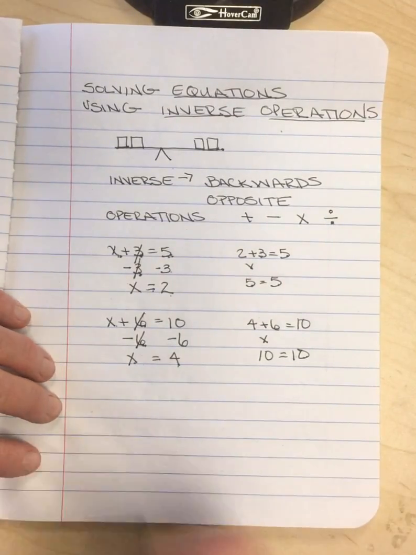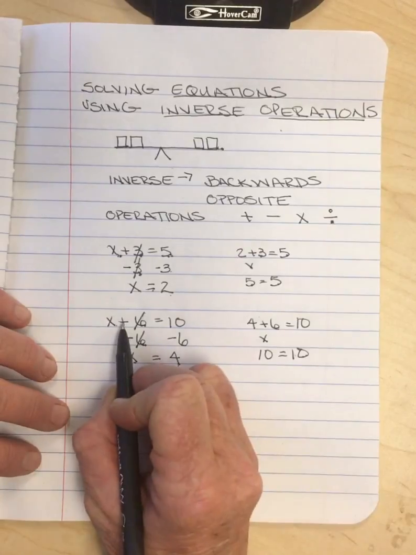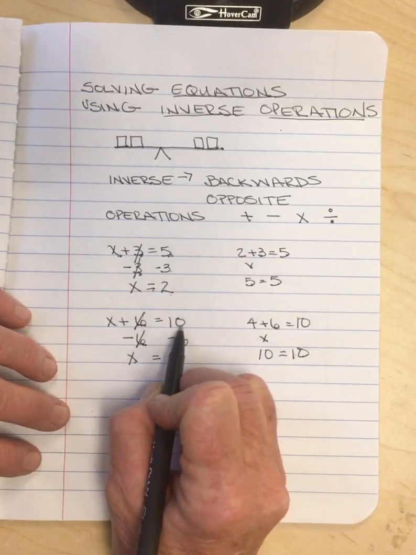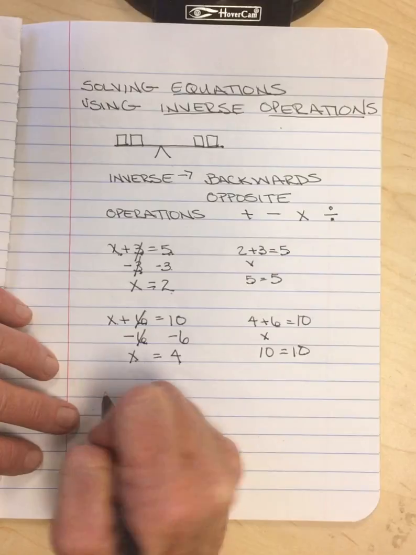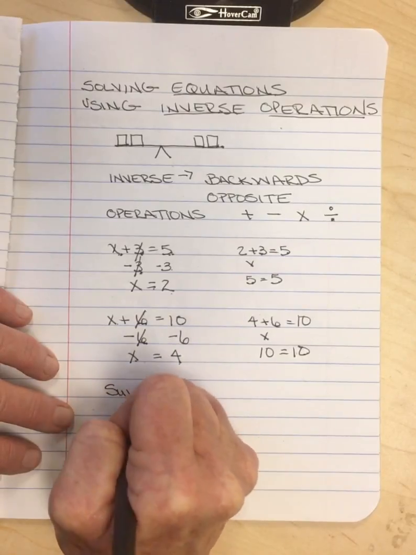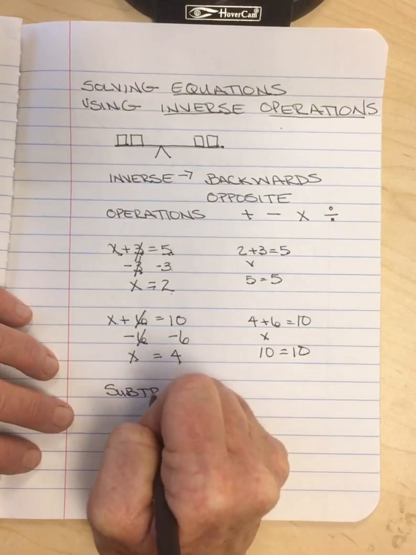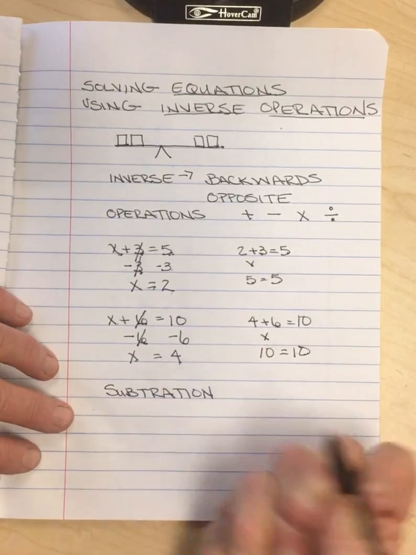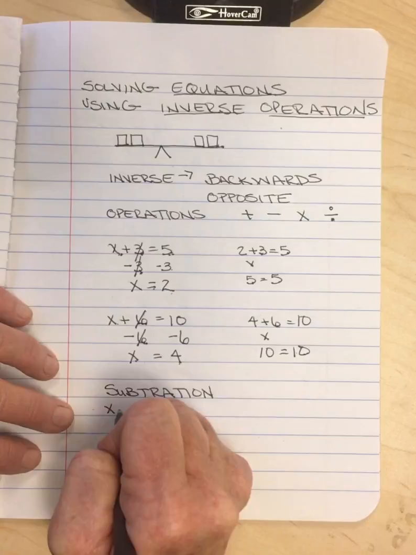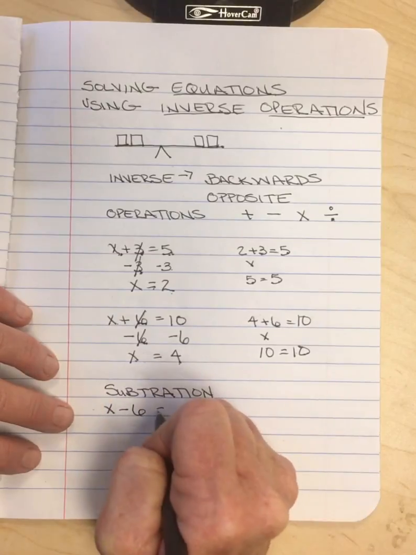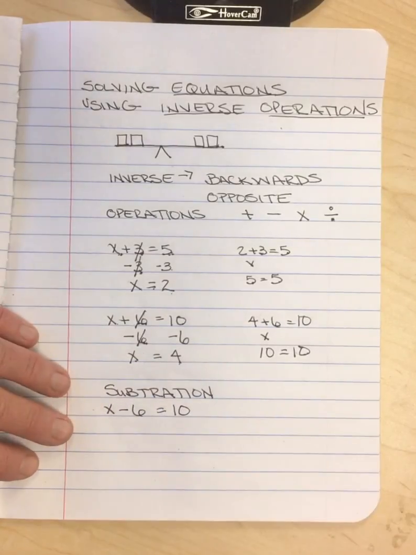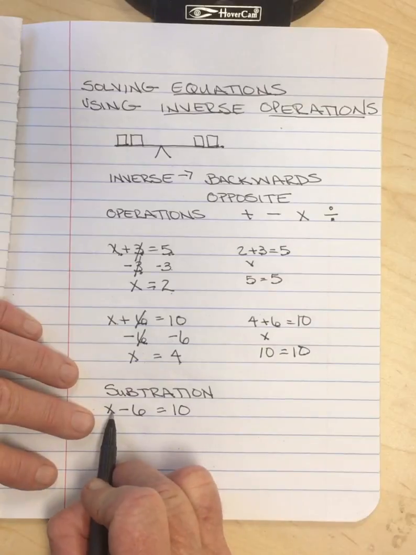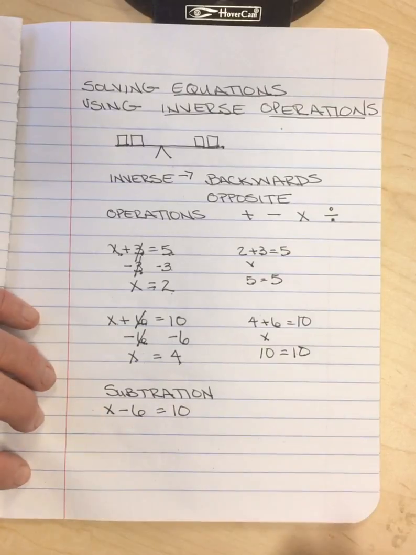Okay, so by now you've done the addition. So some number plus 6 equals 10. But what happens if we have subtraction? So I would say x, 6 less than some number, is equal to 10. So what number here is going to balance my equation?